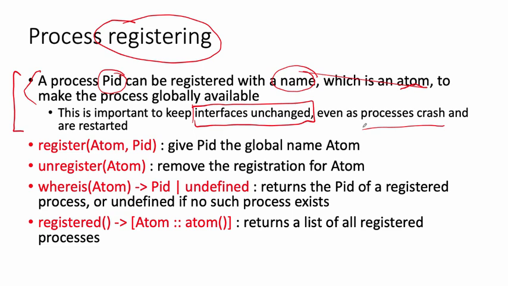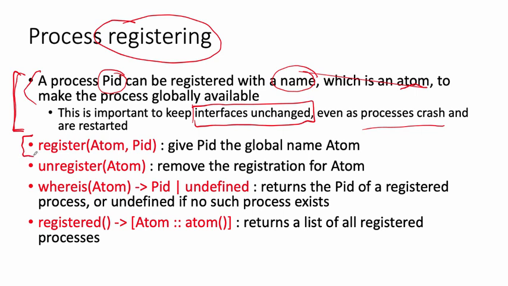So from the outside, the name of the interface does not change, even when failures are handled and processes change. Process registering is very important for keeping the interfaces the same, even when you have crashes.